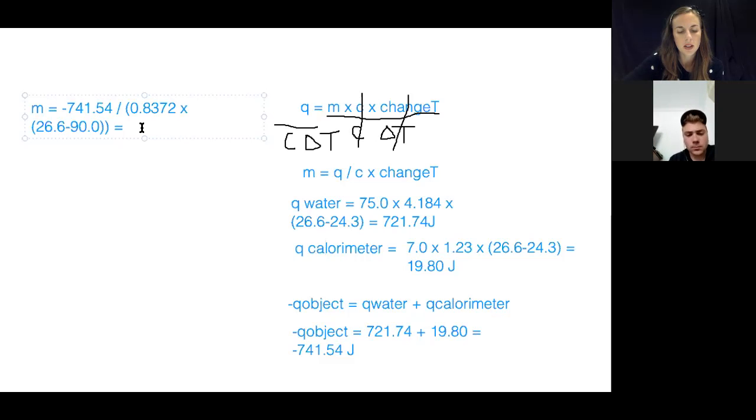Really? So that is not what I got. So in your calculator, it should look just like this.